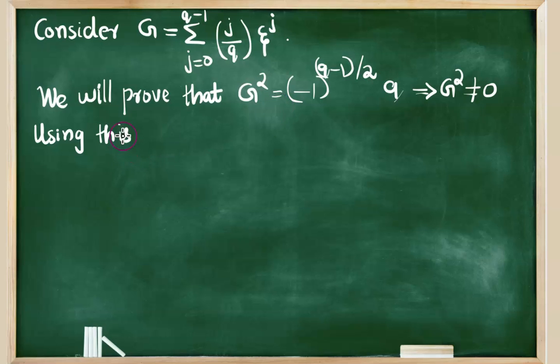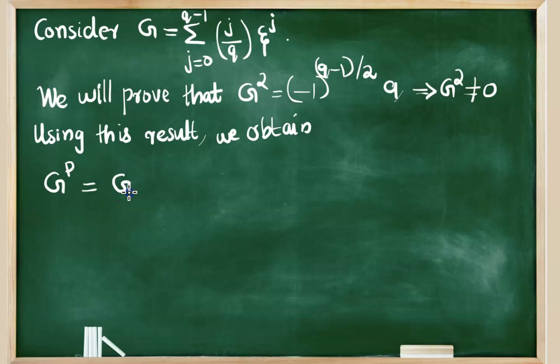Using this result, we obtain g raised to p, which can also be expressed as g square raised to (p-1)/2, times g. The product will be g raised to p-1 into g, which gives us g raised to p.